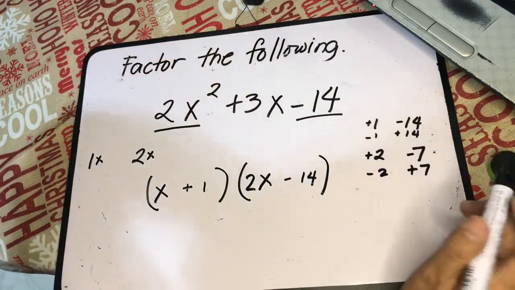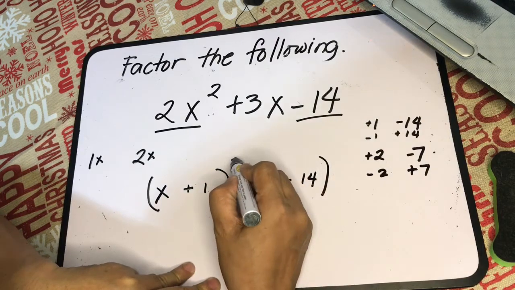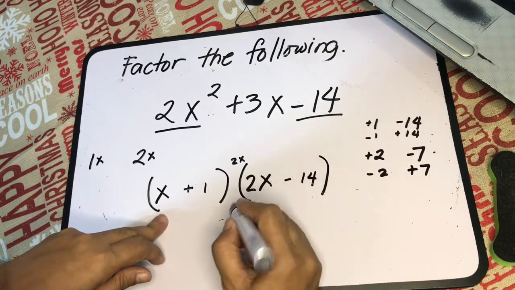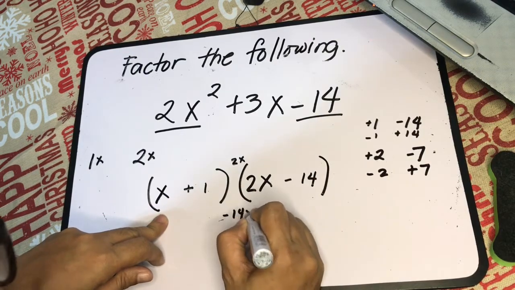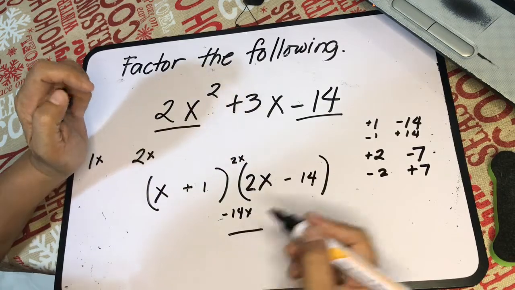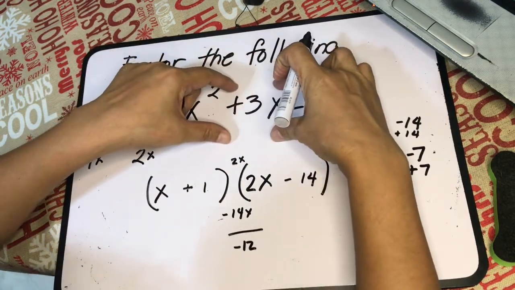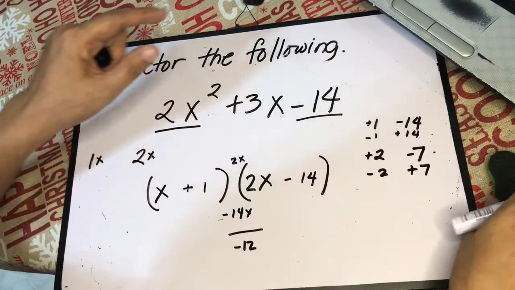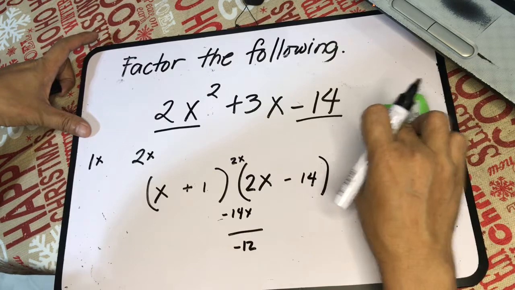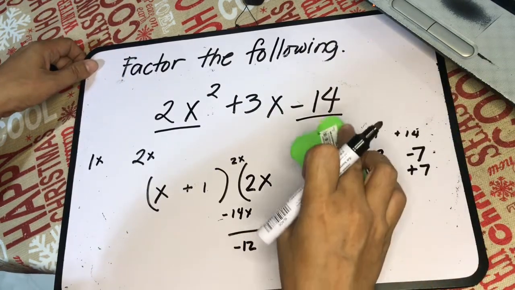Let us see. So, it is a trial and error. If we have 1 times 2x, that is 2x. x times negative 14 will give you negative 14x. When we subtract that, 14 and 2, this will give us negative 12. But what we need is positive 3. So, therefore, because it is a trial and error, that is not a possible factor of negative 14.